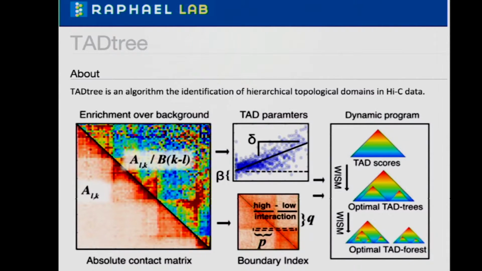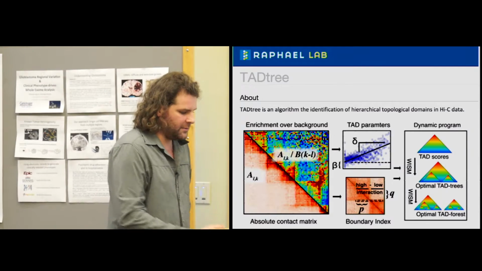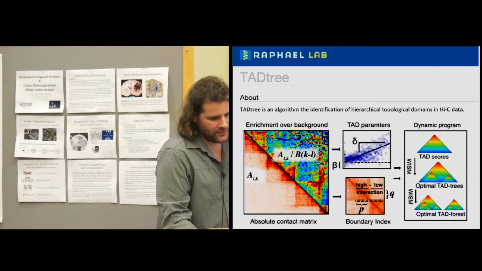Because that's kind of what you want. You want to divide it up until within a given TAD, everything's interacting at about the same level, or at least that's a sensible way to try and do this. Okay, so those are two approaches you could use if you want to do TAD segmentation of these things.